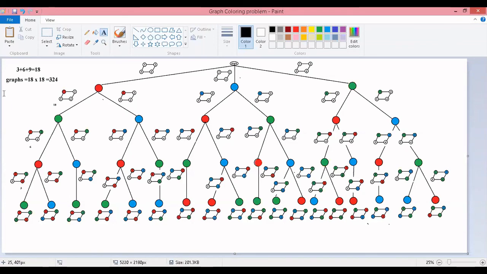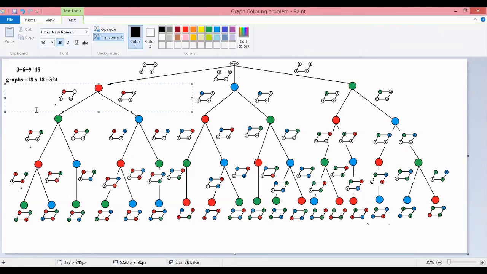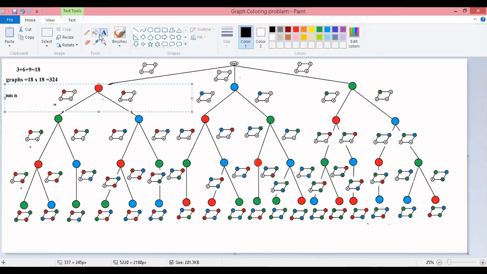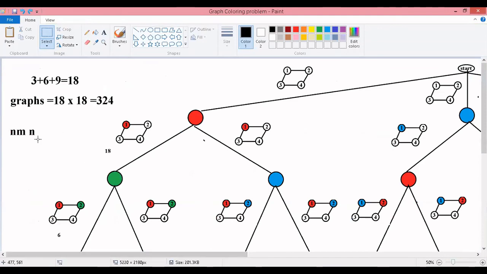The time complexity of this particular problem is given as n into m to the power of n. This is the actual time complexity. See, like this, big O of n, m to the power of n.